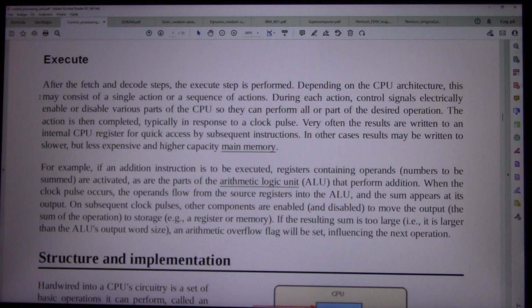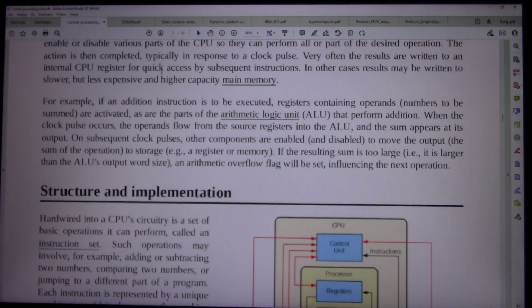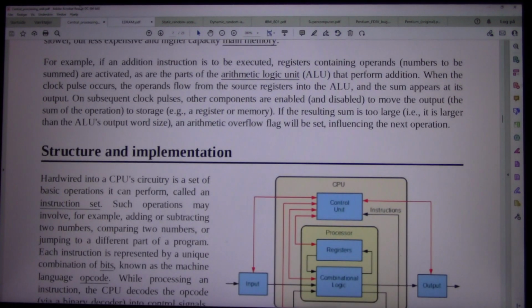For example, if an addition instruction is to be executed, registers containing operands, numbers to be summed, are activated, as are the parts of the arithmetic logic unit, ALU, that perform addition. When the clock pulse occurs, the operands flow from the source registers into the ALU, and the sum appears at its output.